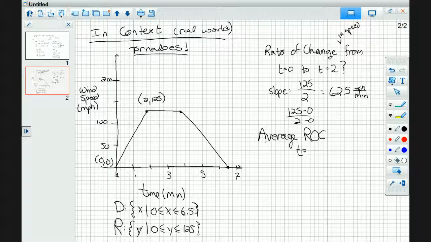Equals from 2 to 6.5. There's no line, is there? But that's okay, we can still calculate an average rate of change. It just means from this time period, on average, it slowed down so much. Right? So what would that be?